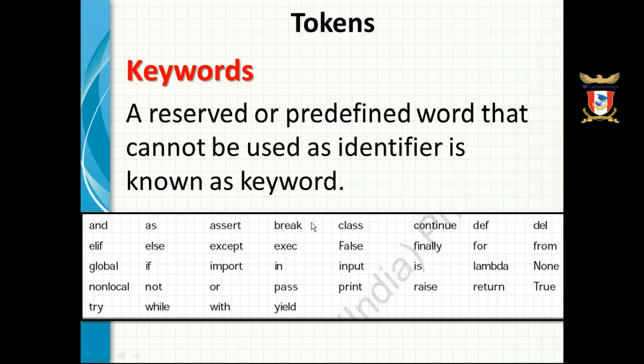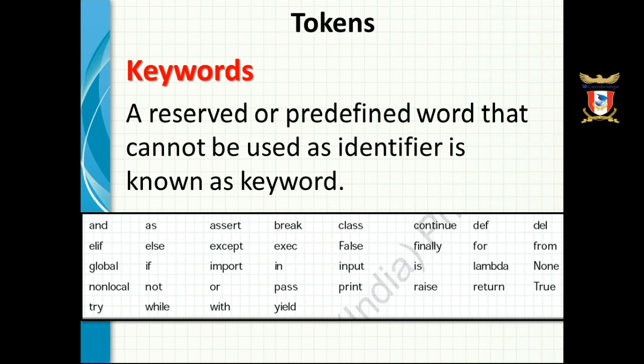For example, we have and, as, break, class, False, or, while, for. These are all keywords available in Python, and we can't use these keywords as identifiers.